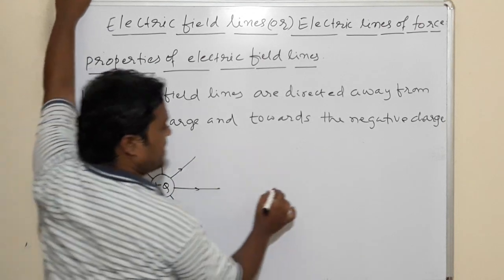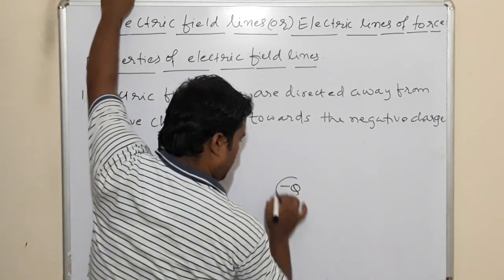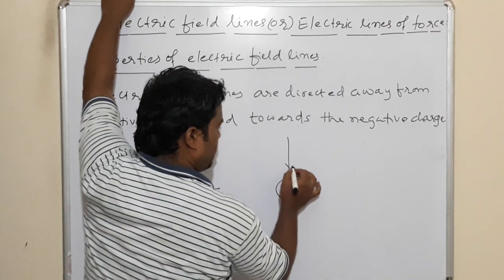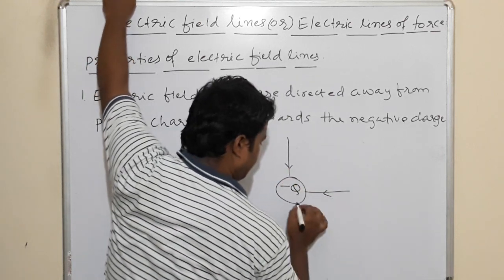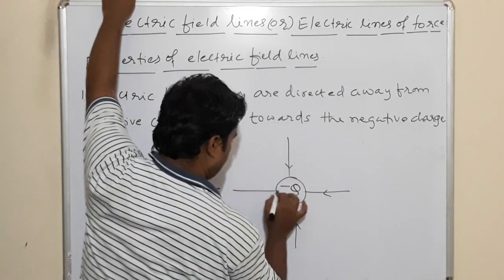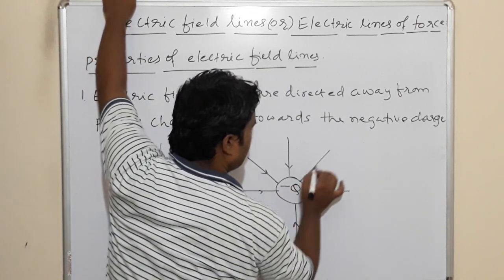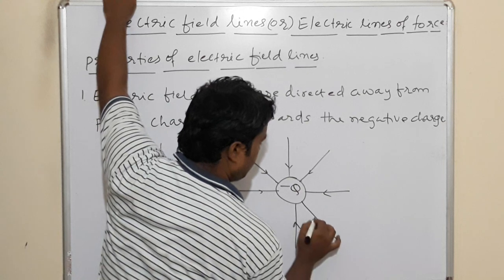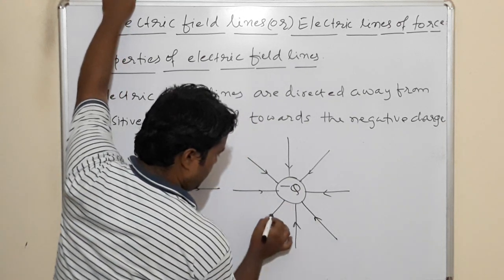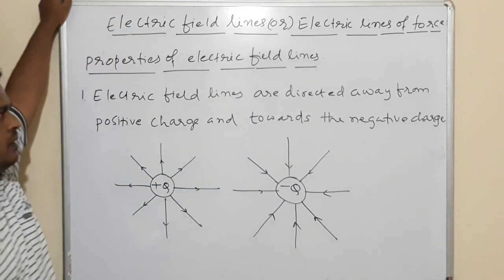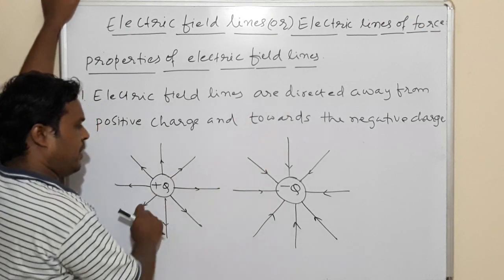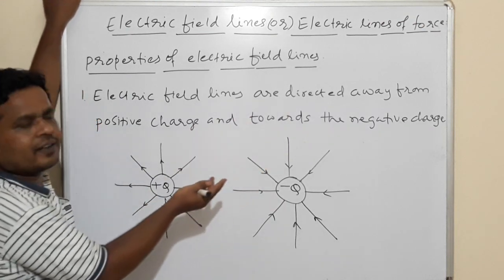And second representation, if this charge is negative, then the electric field lines will be represented like this. Represented like this.